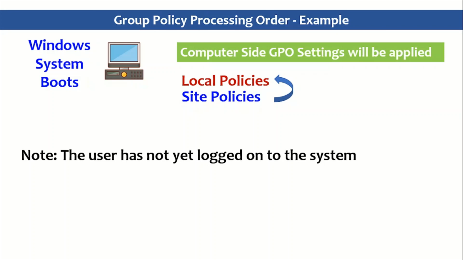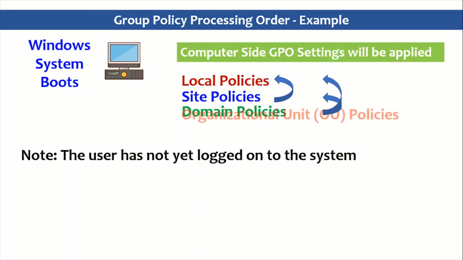And then domain level computer side group policy settings will be applied. And if there is a conflict between local policies, site policies and domain level policies, domain policies will have higher precedence, means they will override site level and local policies.